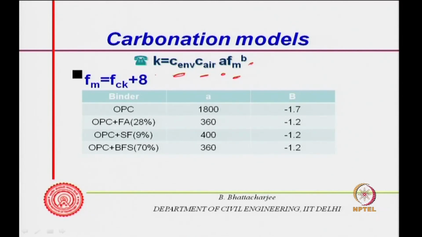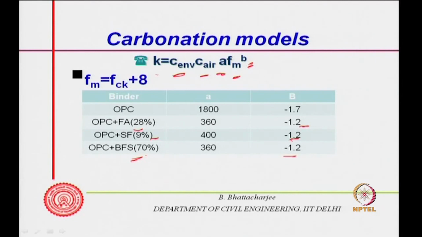So, that means K will be higher, but B is also minus 1.7. This minus 1.7 means the higher the strength, K would be lower, compared to, let us say, fly ash, silica fume or blast furnace slag blends.